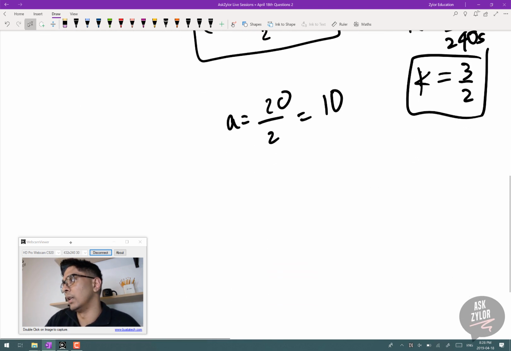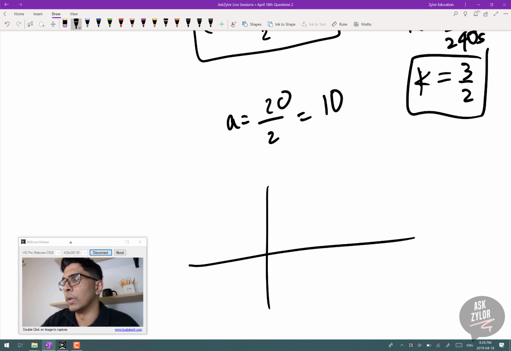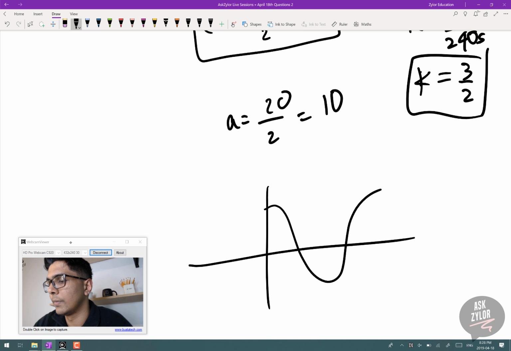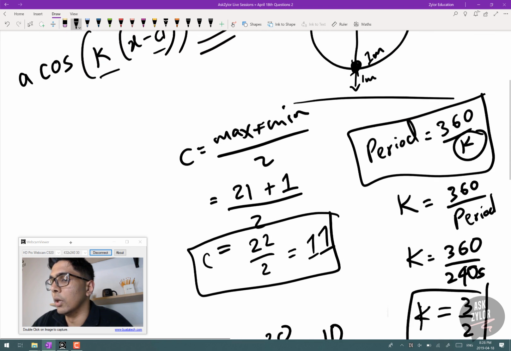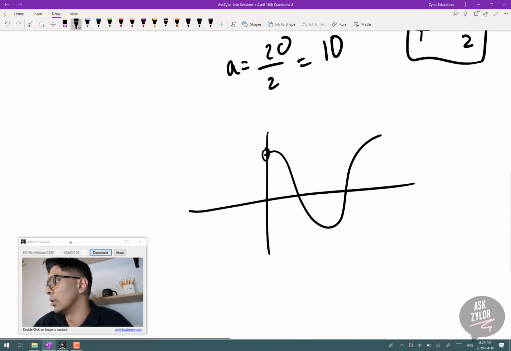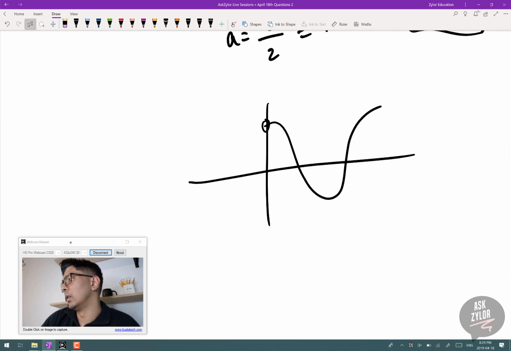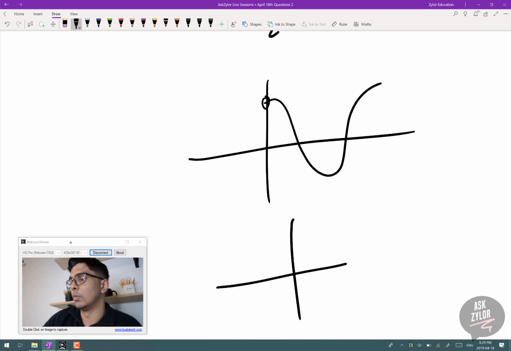So I can plot what the usual cos function looks like. Cos is usually this. It's starting at the highest point, right? So if I'm starting at the lowest point, that means my cos would be the opposite. So my cos would be something like this.